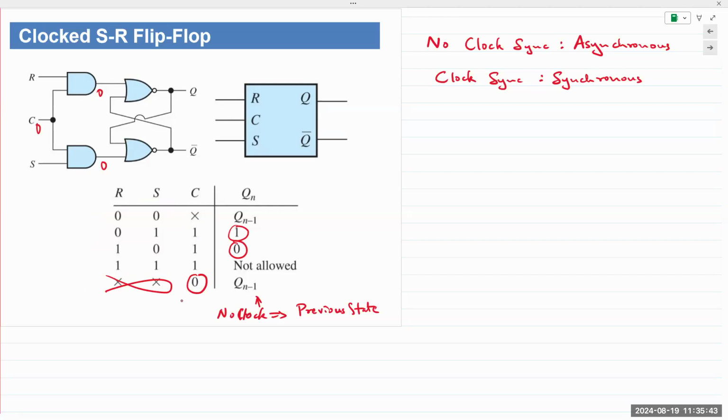The clock is simply to synchronize the functioning with the rest of the circuit. There are multiple systems in a regular controller or microprocessor, and all of those are synchronized using a single clock. So if clock is 0, output remains in the previous state. Clock is 1, that's when the output would function. Everything else about that truth table remains the same.